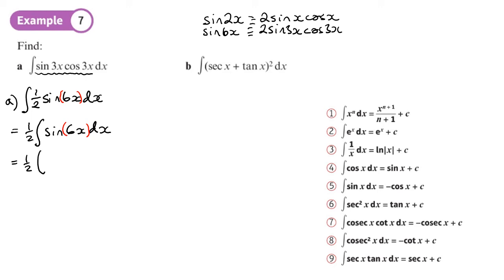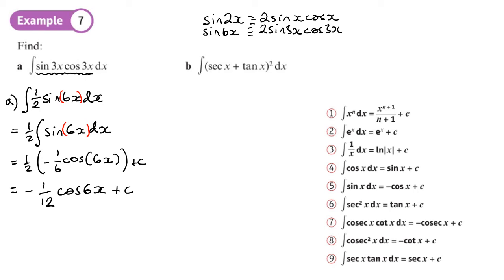You integrate the outside, so sine becomes negative cos. Inside of the bracket doesn't change. You divide by the inside differentiated, which means dividing by 6. So let's put 6 there and a minus. Then we can expand it all out. I know it's going to have plus c at the end. So this is going to be negative 1/12 cos 6x plus c.